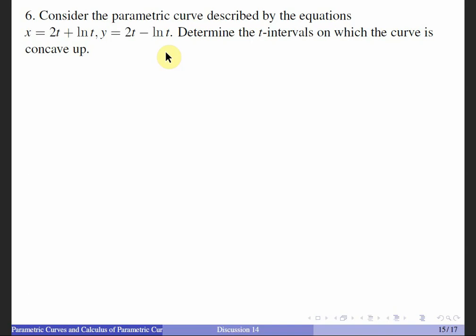Otherwise, ln t becomes imaginary or undefined. So we will just be considering the values of t that will make ln t a real number.